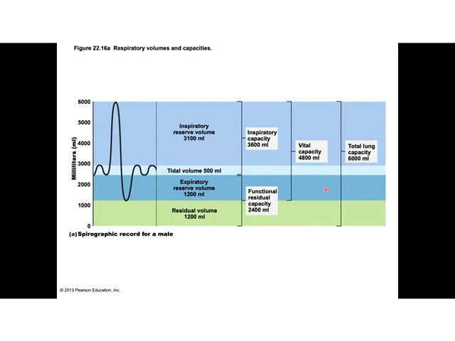Your forced vital capacity is essentially your vital capacity in that block of time. As that ratio falls, that's an indication of an obstructive pulmonary disorder. In a restrictive pulmonary disorder, your lungs can't expand the way they want.